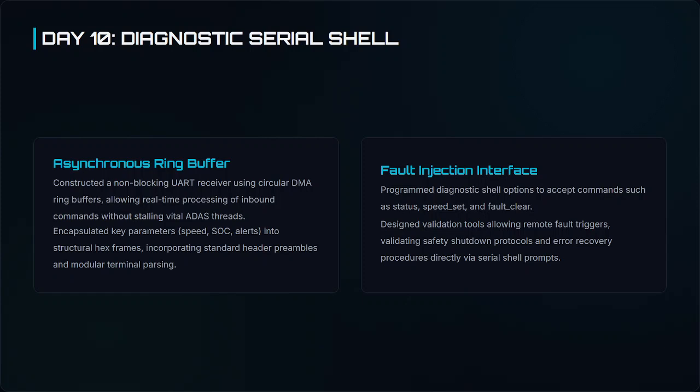We also developed a command parser that reads input like status, speed set, fault clear. This mimics the standard interface used in workshops for diagnostics, enabling developers to monitor system values or intentionally inject faults to test our safety isolation routines.